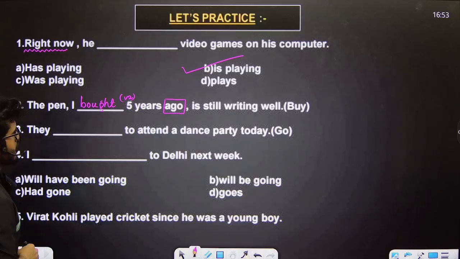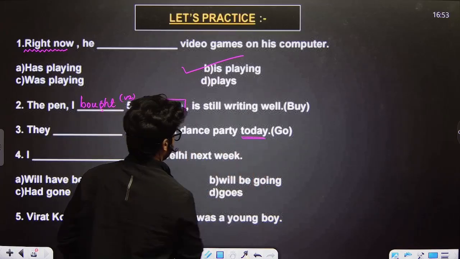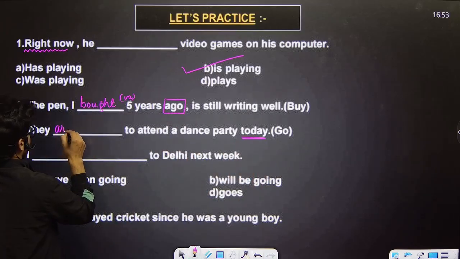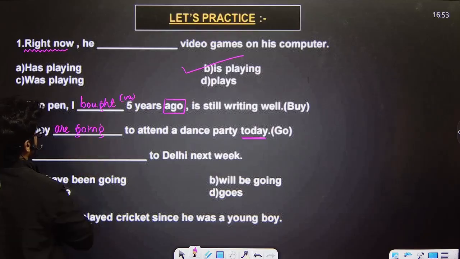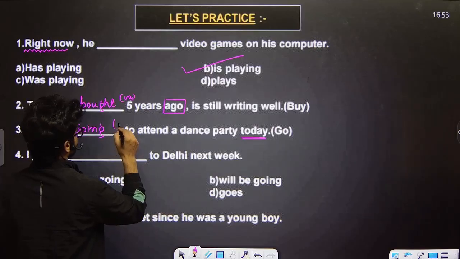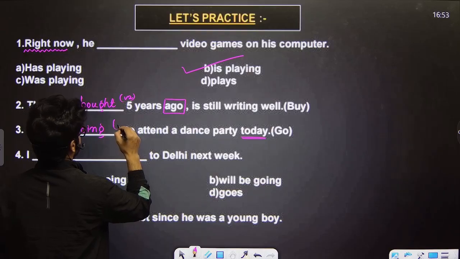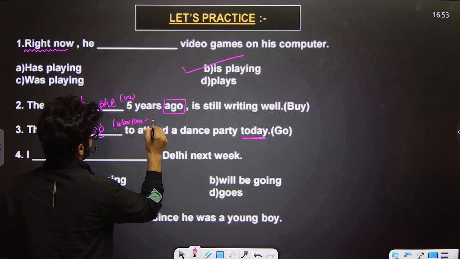They dash to attend a dance party today. Today. Very good. Continuous. Are going. Something which is planned for the future, ready to happen. Is, am, are plus ing.